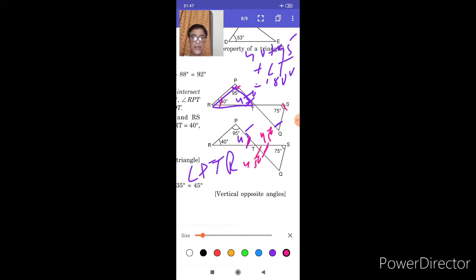Now see in triangle STQ, we have this one as 45 and this one as 75. Can we find this one, SQT?